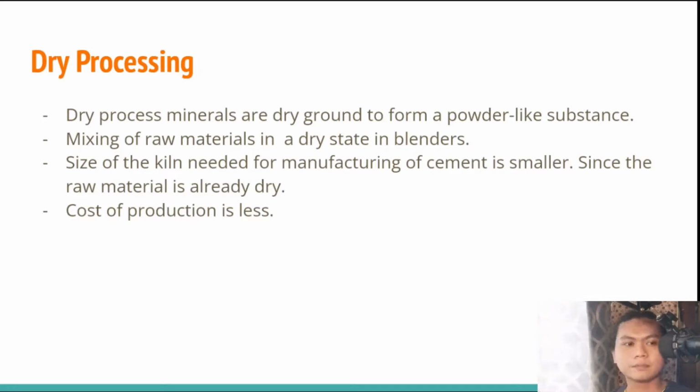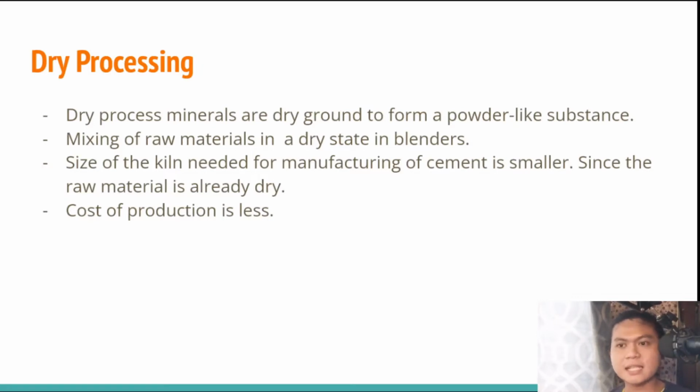So in dry processing, the size of the kiln needed for manufacturing cement is smaller compared to its wet processing counterpart, since the raw material is already dry and does not require further drying. And as previously mentioned also, the cost of production is less.